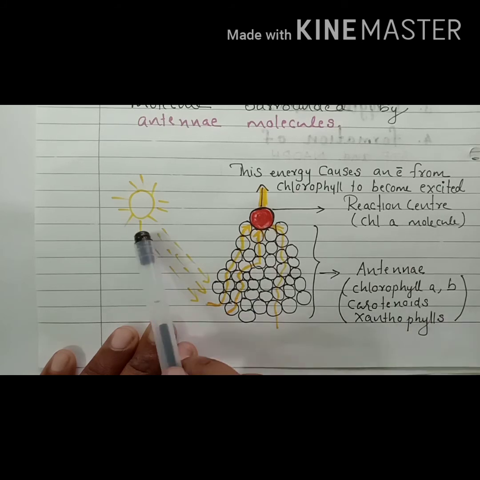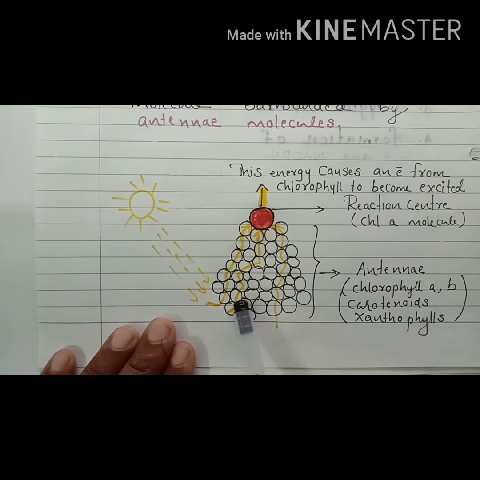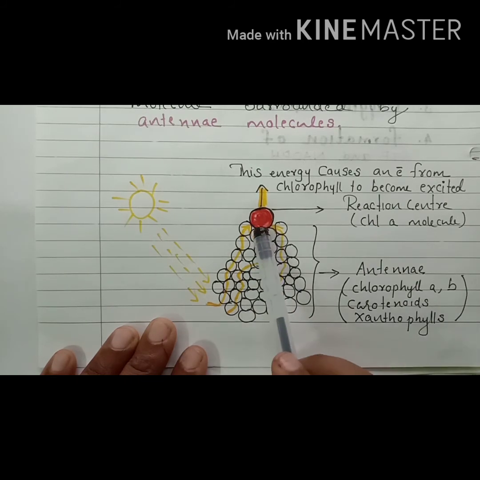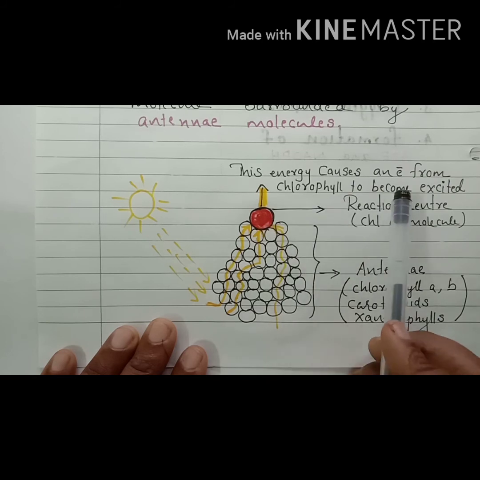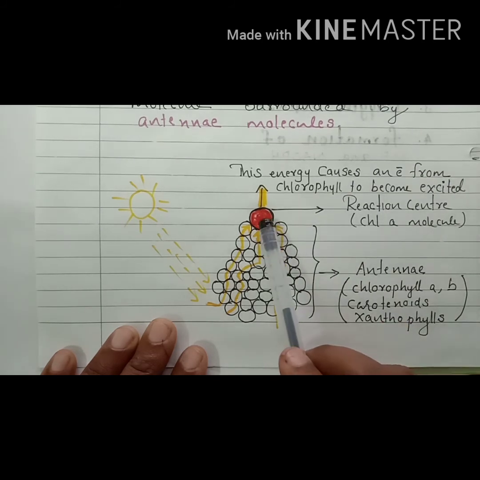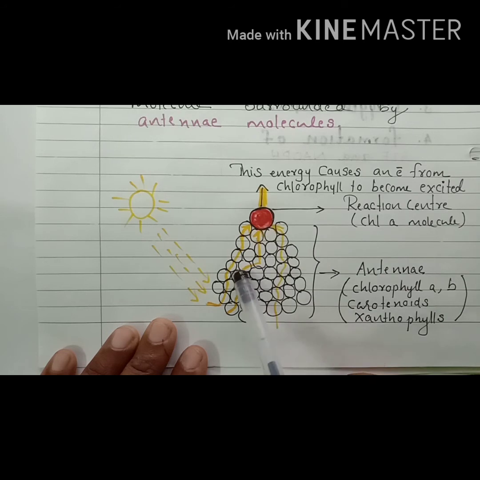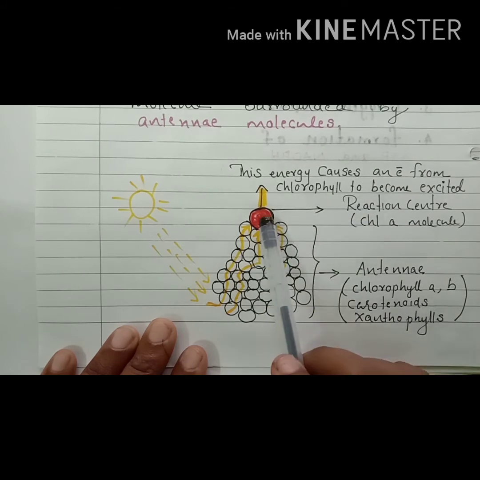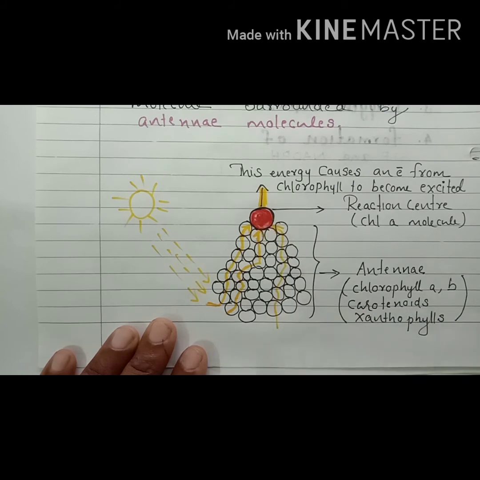They absorb the sunlight and convey the energy to the reaction center. When this energy comes to the reaction center, it causes an electron from the chlorophyll A molecule to become excited and be emitted.